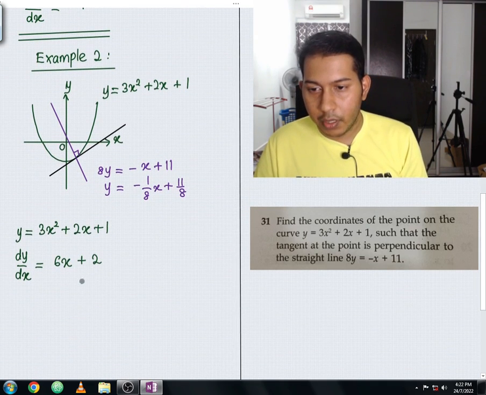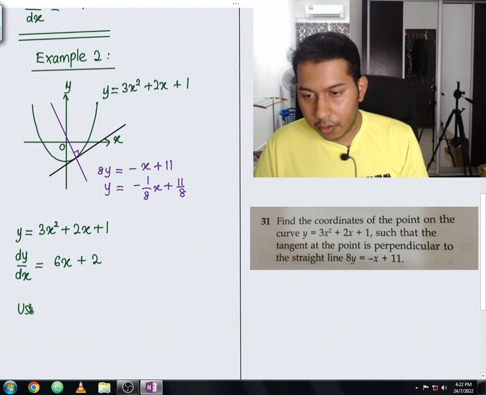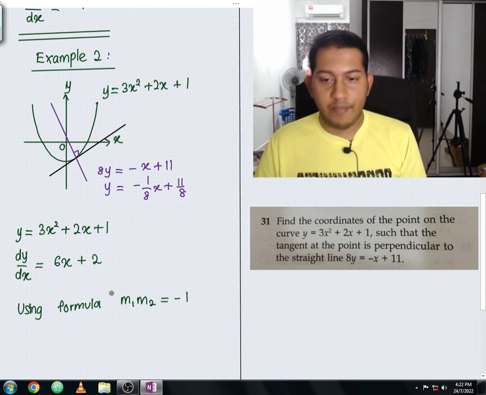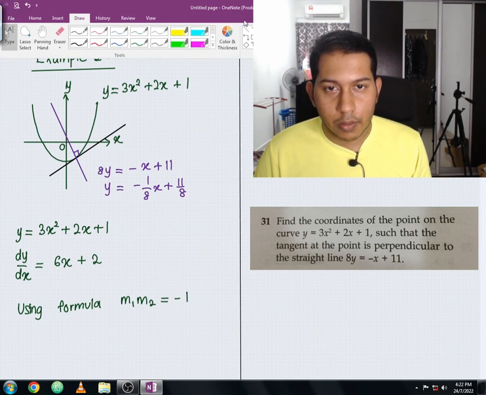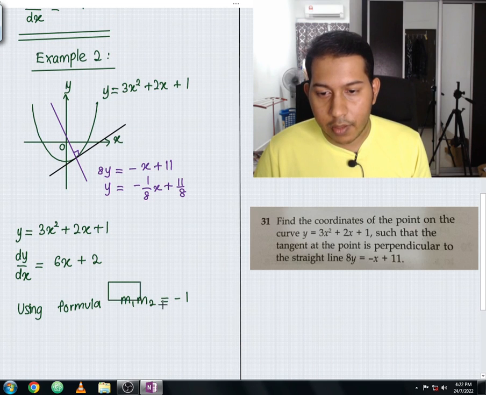So from here, using the formula m1 times m2 equals negative 1. This formula you learned through your coordinate geometry, guys. So just want to recall this.